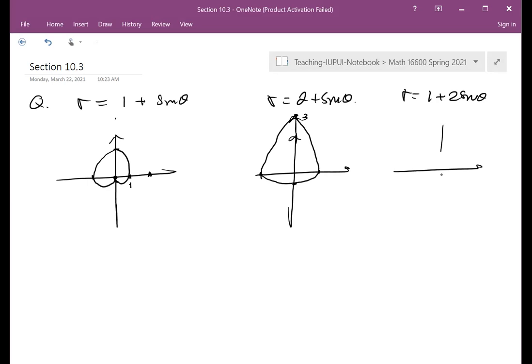And then you have a problem here. When theta equals 0, r is 1. When theta equals pi, r is also 1. When theta equals pi over 2, you get 3. So the graph passes through the 3 points.